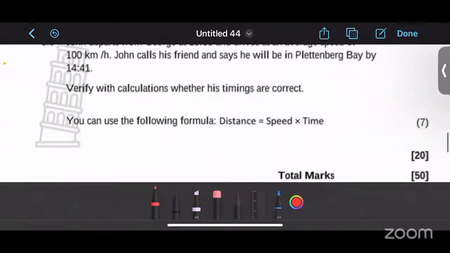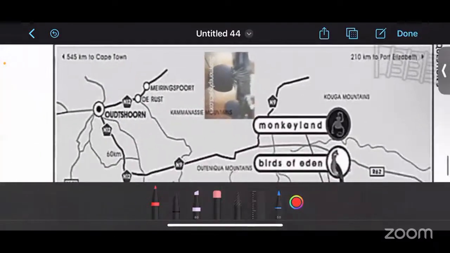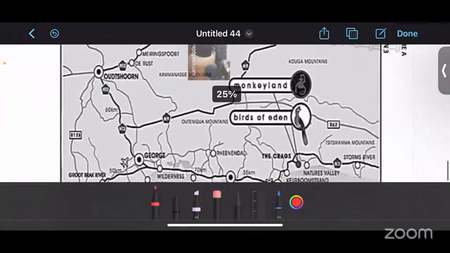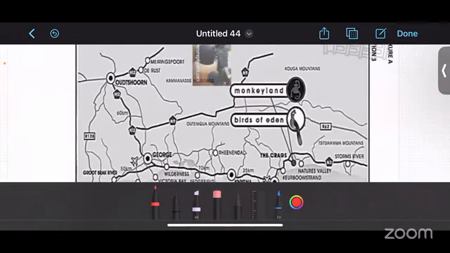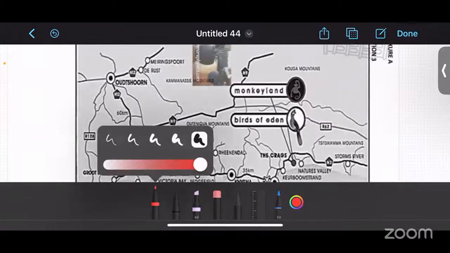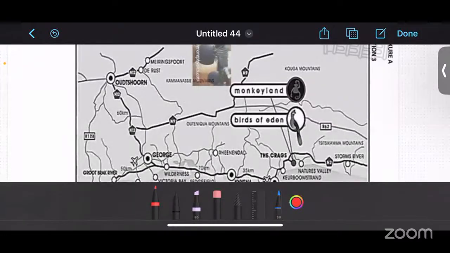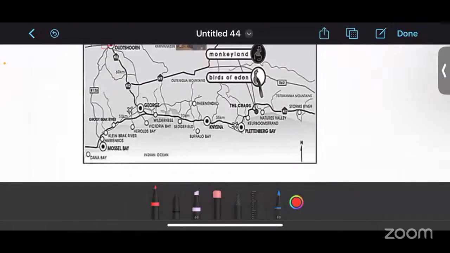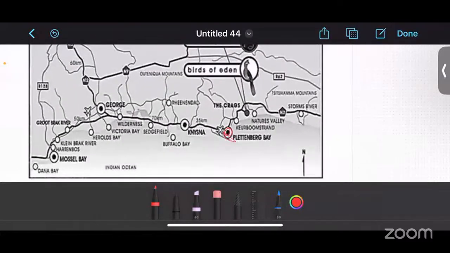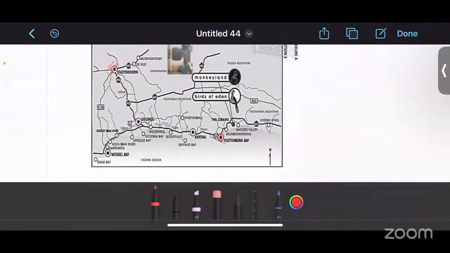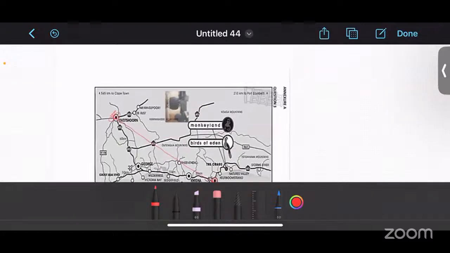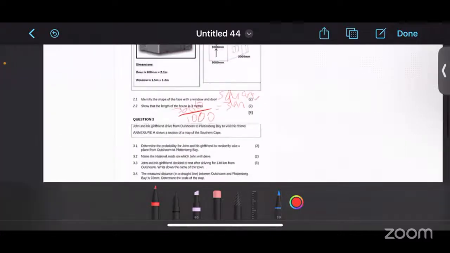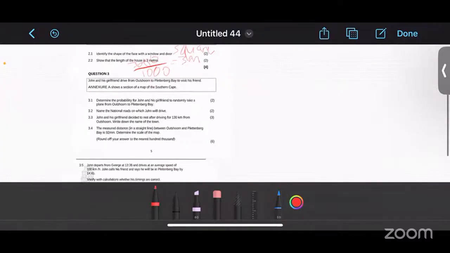Let's go look at the map first. This is the map. They say he's traveling from here to where? To here, over here. So he's traveling from here going there. Okay. All right. Now that we've seen where he's traveling to, let's hear the question.